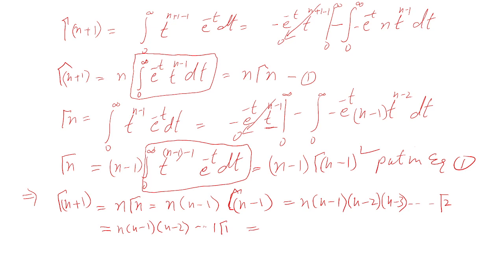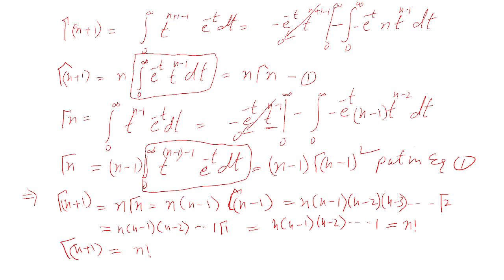So this is in fact n into n minus 1, n minus 2 and so on, up to 1. This is in fact n factorial. So this shows that gamma n plus 1 is equal to n factorial.